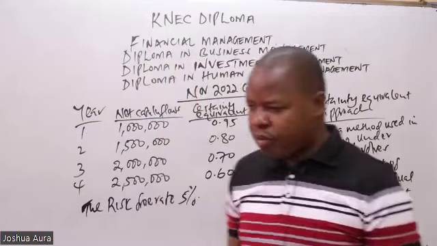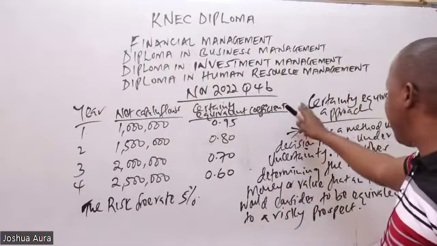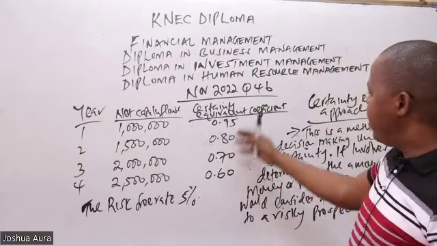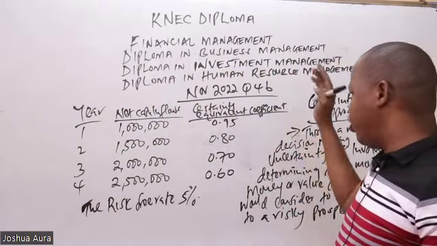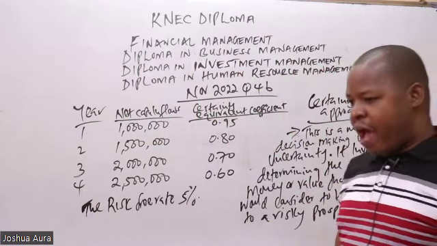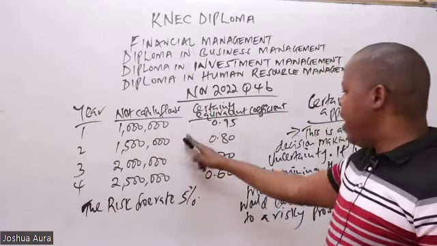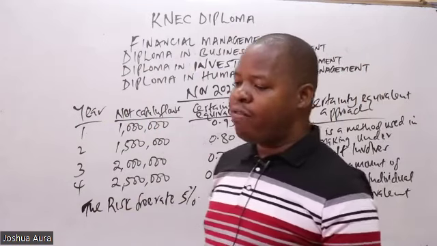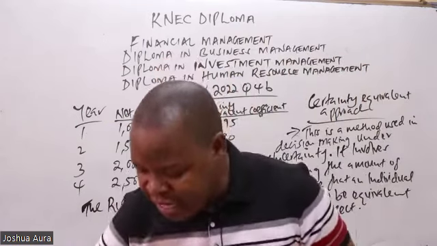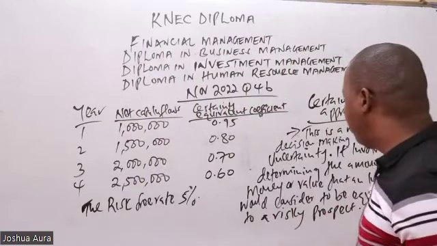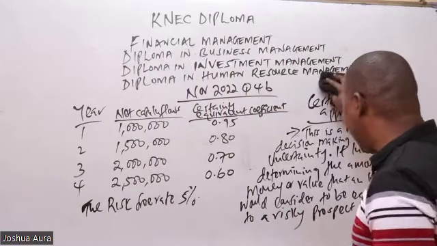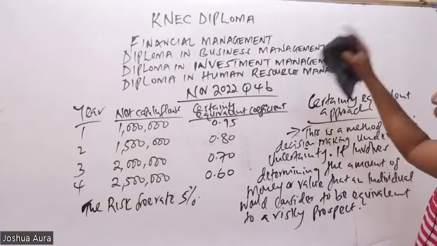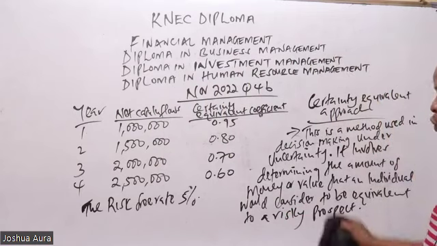So when you want to use this certainty equivalent approach to determine the net present value, and you have been given the certainty equivalent coefficient, you will have to calculate the certainty cash flows.